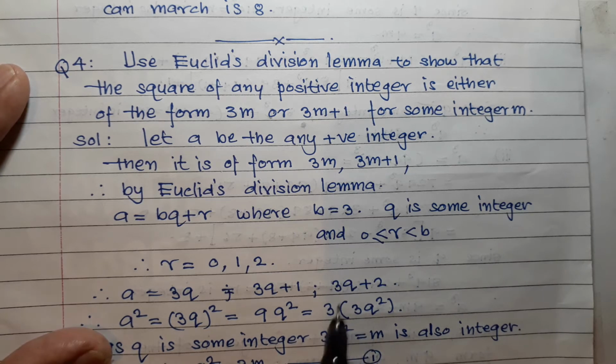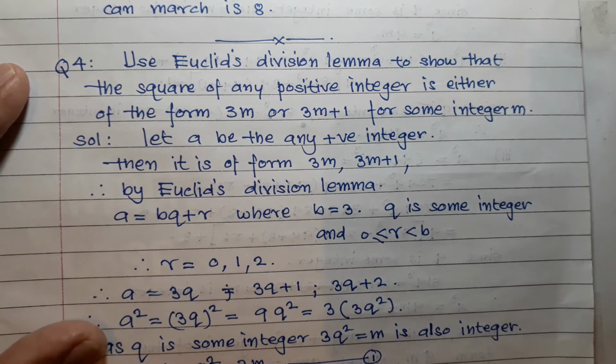As q is some integer, 3q square is also an integer, say m. So 3q square is equal to m, also an integer, and therefore a square is equal to 3m first.